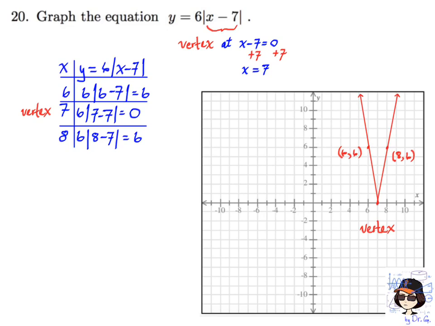If that were a negative 6 out in front of the absolute value, it would be an upside down V. It would be going down. That's just a little heads up, so when you're checking to see if your answer makes sense, you know ahead of time what it should look like.